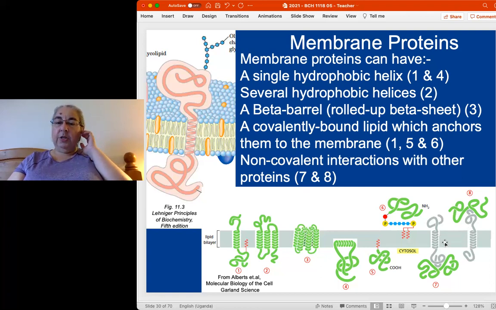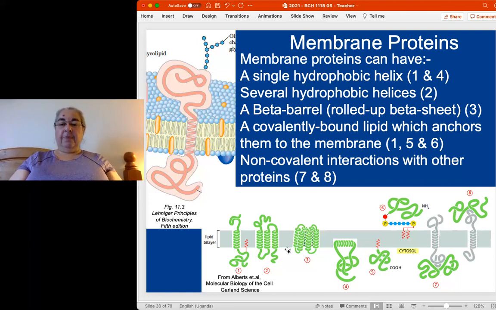These last two are proteins which are somewhat similar to this one with an alpha helix and two hydrophilic parts. But in this case, the hydrophilic part on the inside of this one and on the outside of the other one is forming non-covalent interactions with another protein and therefore holding this second protein close to the membrane, even though the second protein isn't actually anchored into the membrane itself.